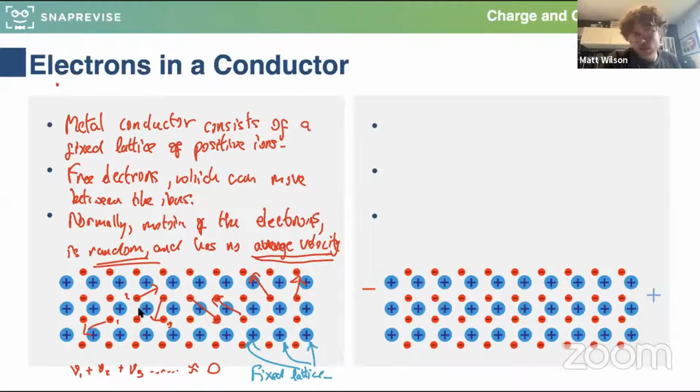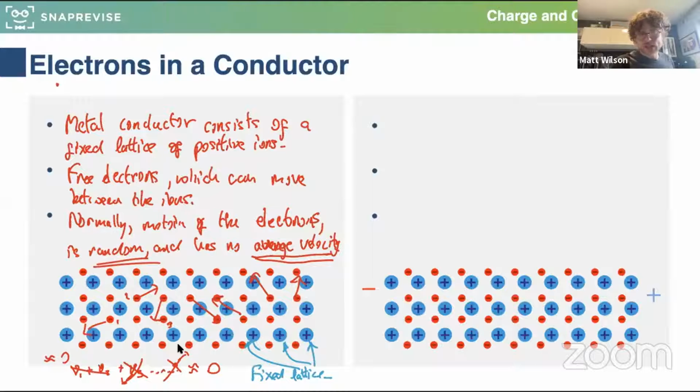Electron 2 is going up and to the right. And so they're going to cancel out. V1 plus V2 is going to be roughly 0. Because the motion is random, for each velocity you have going in some direction, there'll be something else somewhere that pretty much cancels it out. And so in general, your velocity is going to be roughly 0. So the motion is random. There's no net velocity. There's no average velocity of all these electrons.